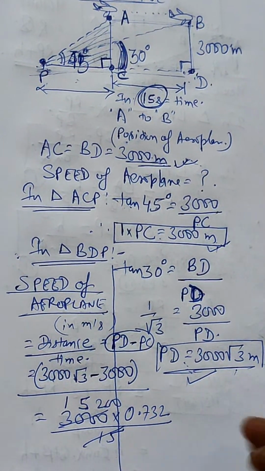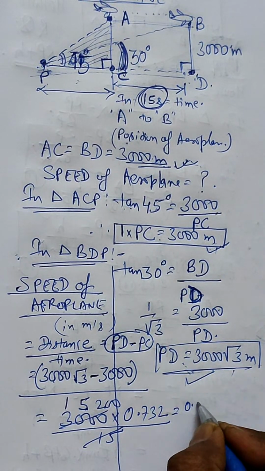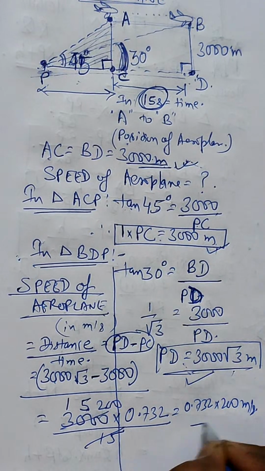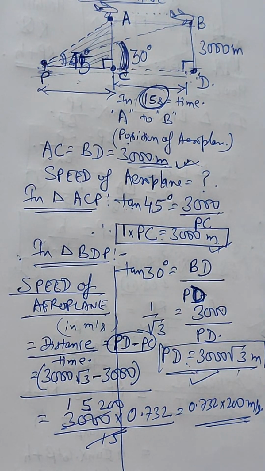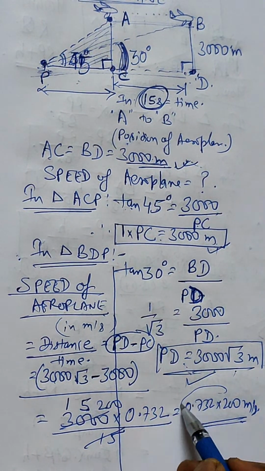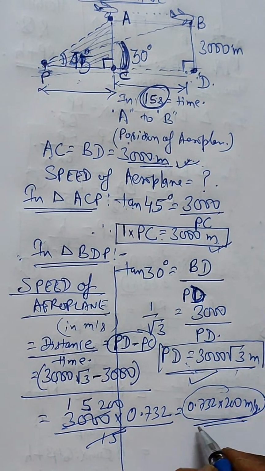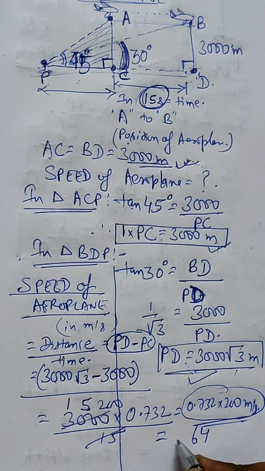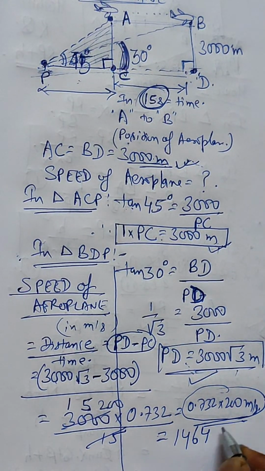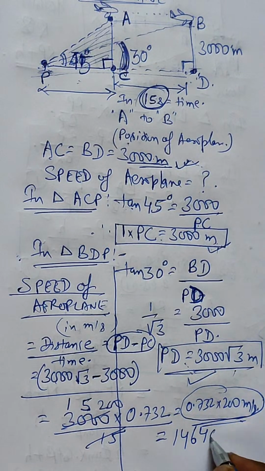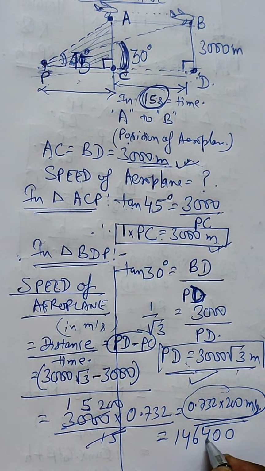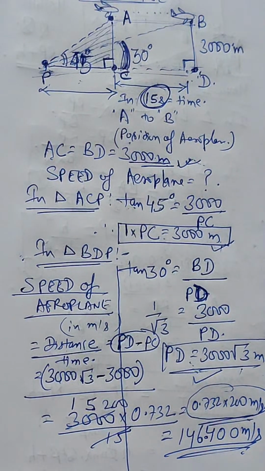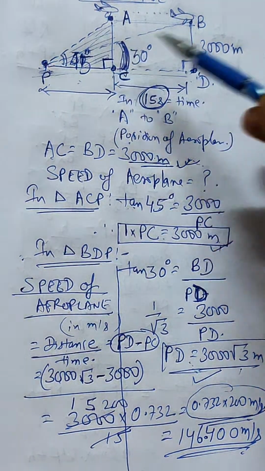So 0.732 into 200 meter per second is the speed of the aeroplane, which will be coming as 146.4 meter per second, calculated over here.